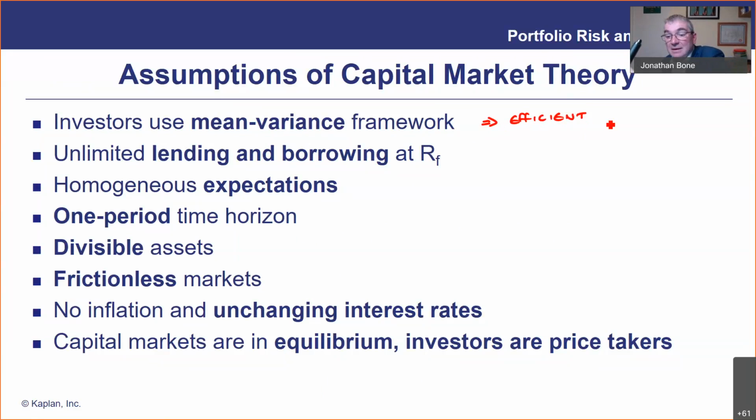And that's of course what the efficient frontier represents: the portfolios that maximize return at a given level of risk. Unlimited borrowing and lending at the risk-free rate. We saw we can not only combine the risky market portfolio with risk-free lending, but we can also leverage up. So leveraged portfolios are possible.